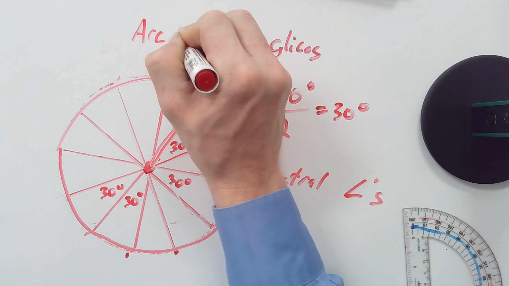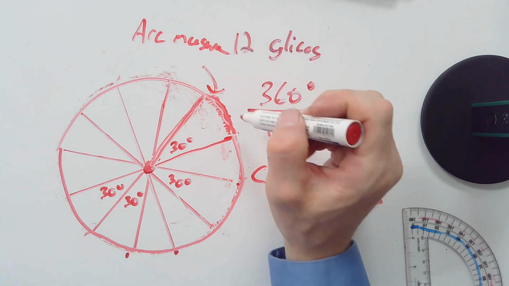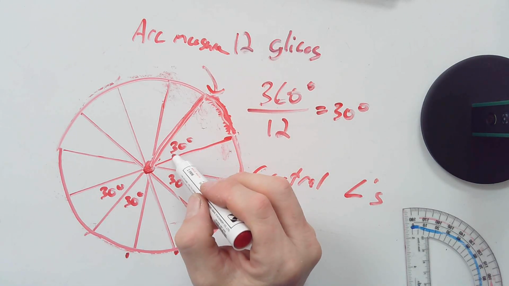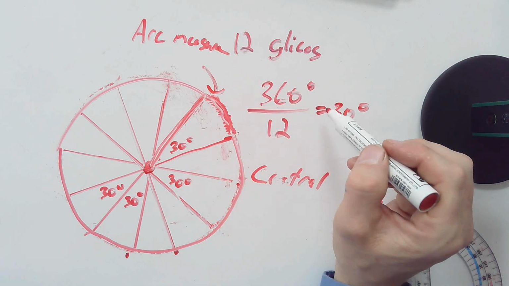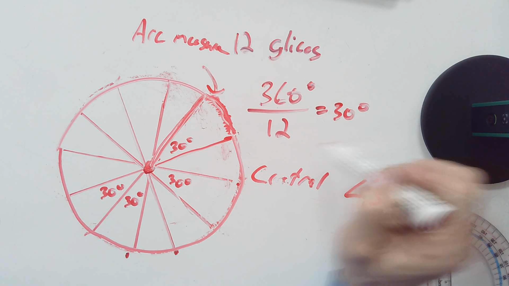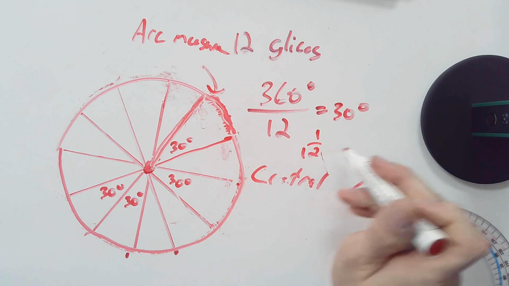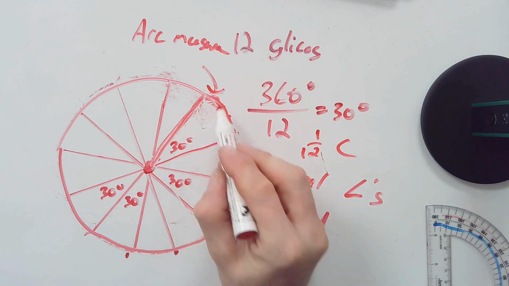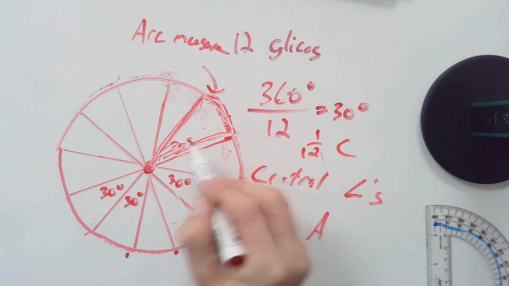This one was 1/12 of the 360 degrees, so 30 degrees. So this is 1/12 of the circumference. It's also 1/12 of the area for this arc and this sector.